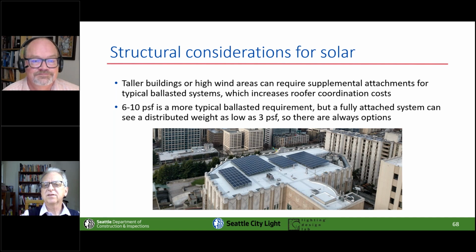Ballasted roofs might be 6 or 10 pounds a square foot, but if you don't mind a lot of pokes through your roof membrane, it could get down to as low as 3. So there's ways to make this work even on historic buildings.